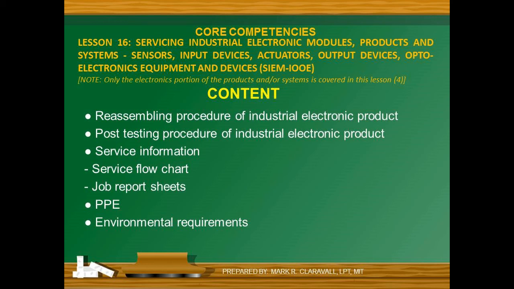Note, only the electronics portion of the products and/or systems is covered in this lesson. 4. Content. Reassembling procedure of industrial electronic product. Post-testing procedure of industrial electronic product. Service information. Service flow chart. Job report sheets. PPE. Environmental requirements.